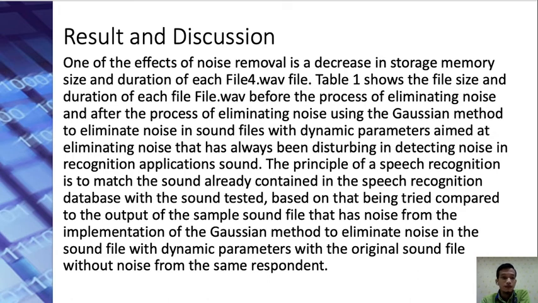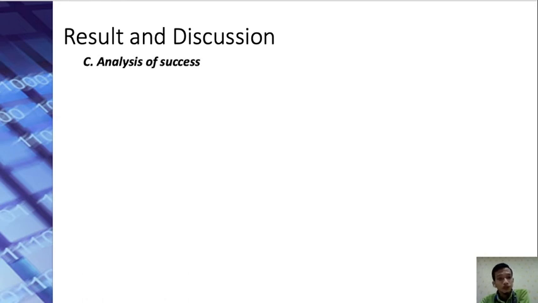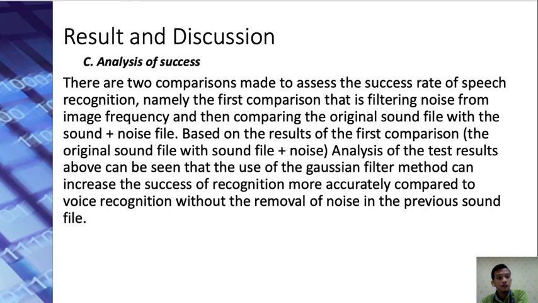speech recognition is to match the sound already obtained in the speech recognition database with the test sound in the analysis process. There are two comparisons made to assess the success rate of speech recognition, namely the first comparison: filtering noise from the sound frequency and then comparing the original sound file with the sound plus noise file.